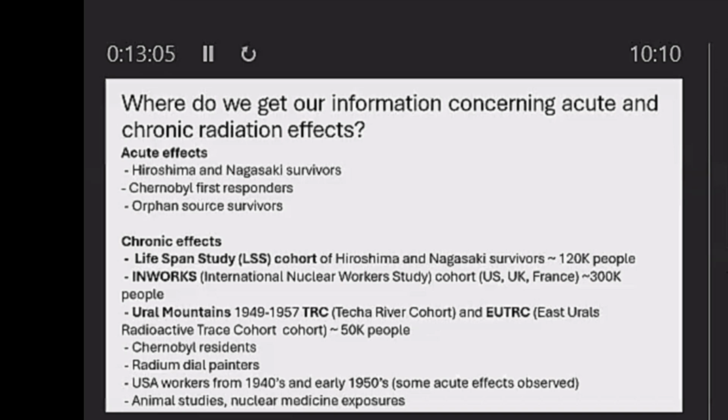Chernobyl residents, there are cohorts for Ukraine. The radium dial painters, we'll talk about them a little bit. Again, some of the early workers at Los Alamos. And animal studies, cell culture studies.